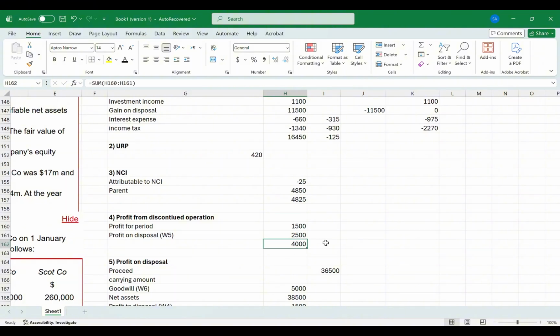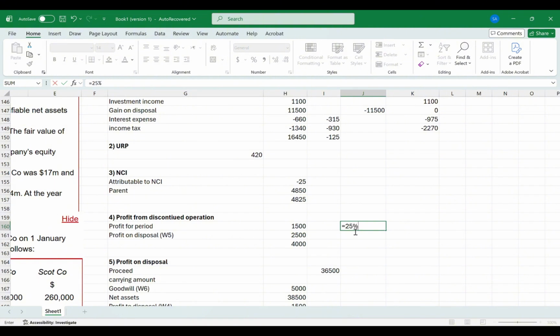You see, the profit is 4,000. Now, if you see, this is debit, they have acquired 75%, so 25%, that is NCI, of the profit will be attributed to NCI. 25% of this profit for the year, the period, not the profit on disposal, the profit for the period. So if you are taking 25% of that, it is 375. This will go to NCI.